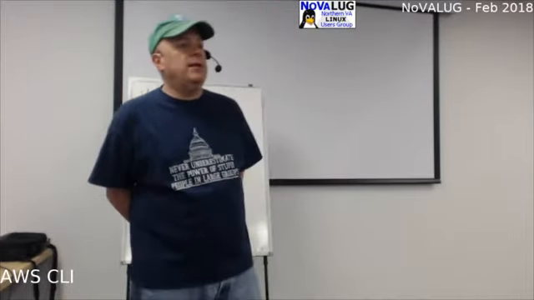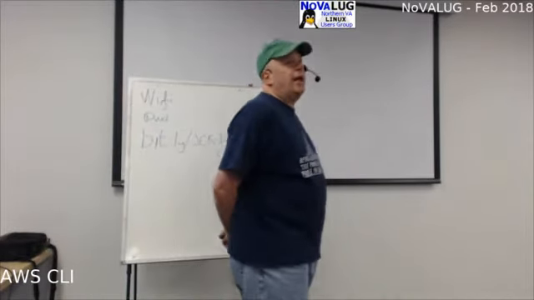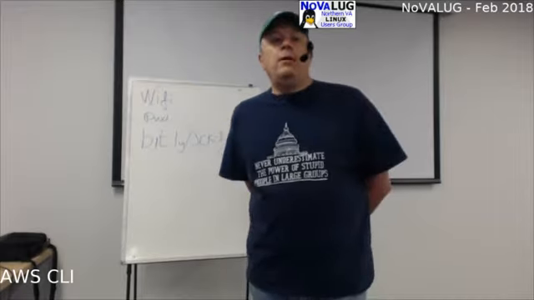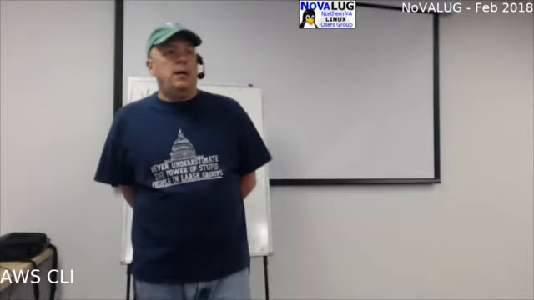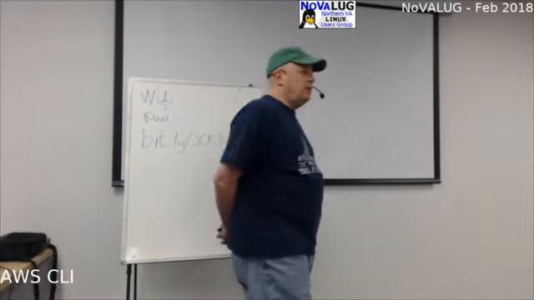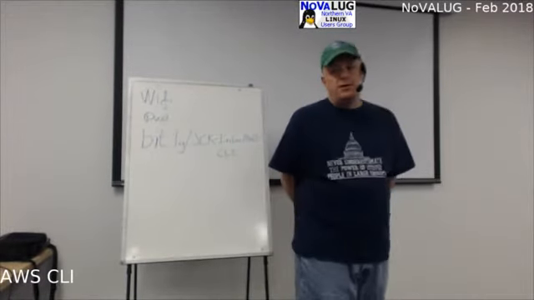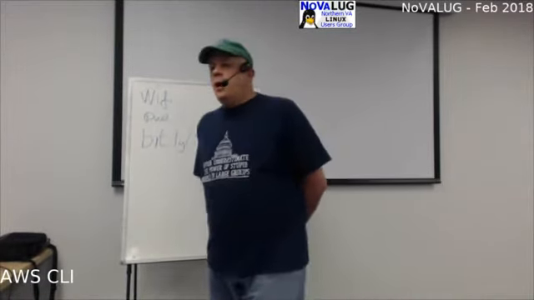We're going to add an internet gateway. We're going to add a NAT gateway. The NAT gateway we probably won't use today, but it's good to have for your private instances that may need access to the internet.